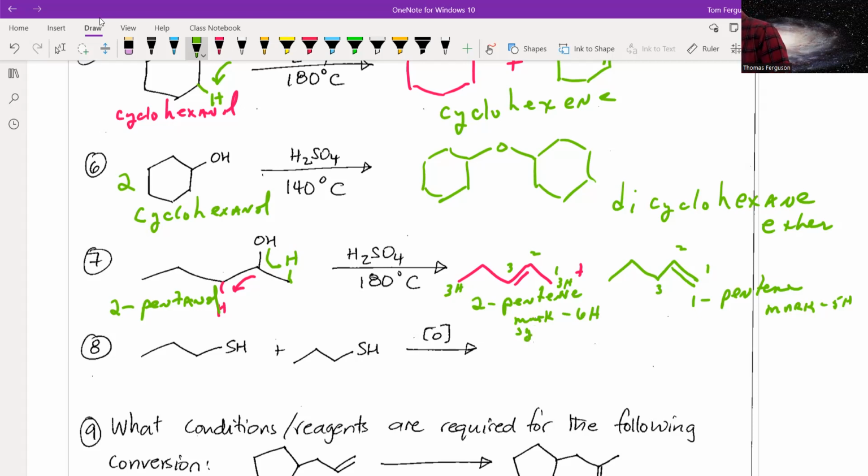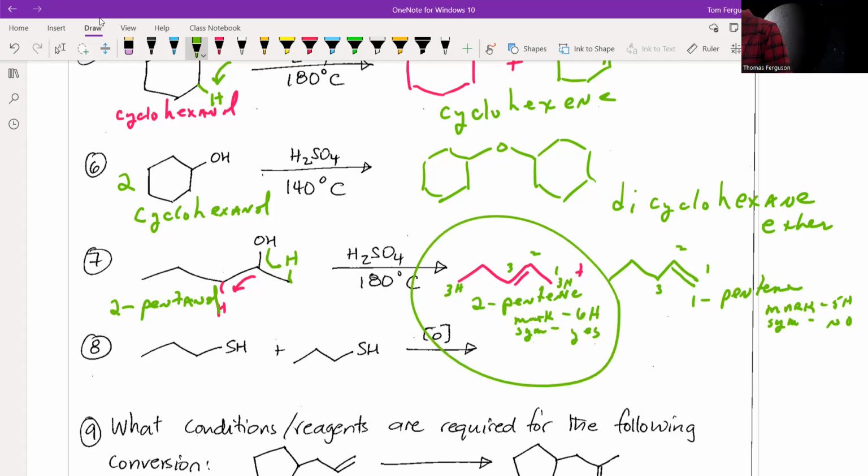Symmetrically, the one on the right is lopsided. The one in the middle is slightly lopsided, but not as much. So symmetrically, it's going to be favored more in the middle. It can't be exactly in the middle. We need an extra carbon to do that, but yeah.